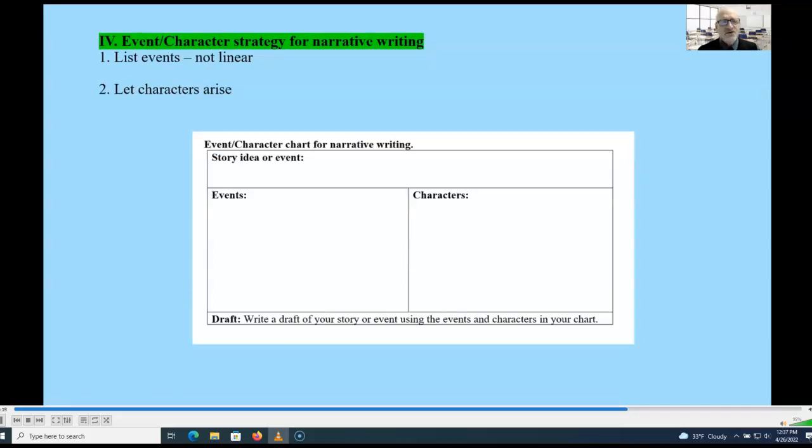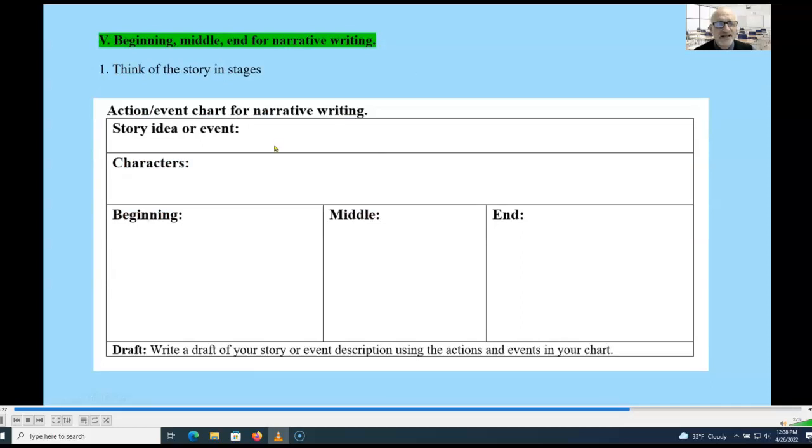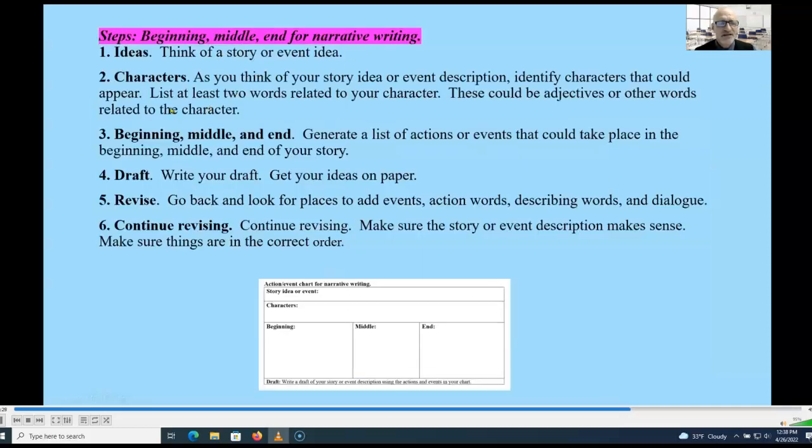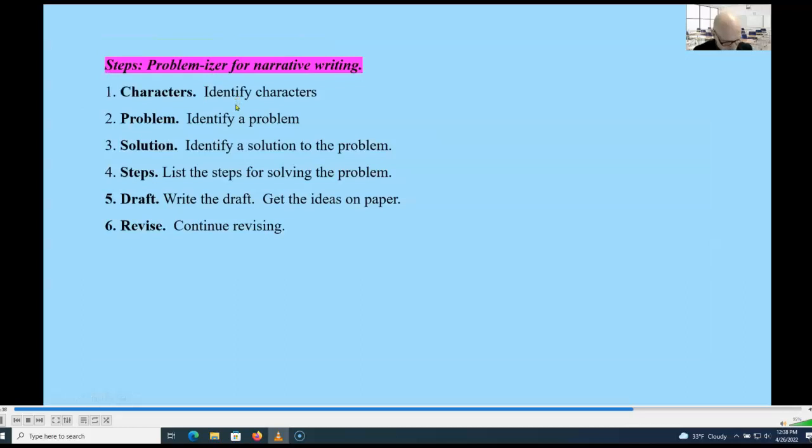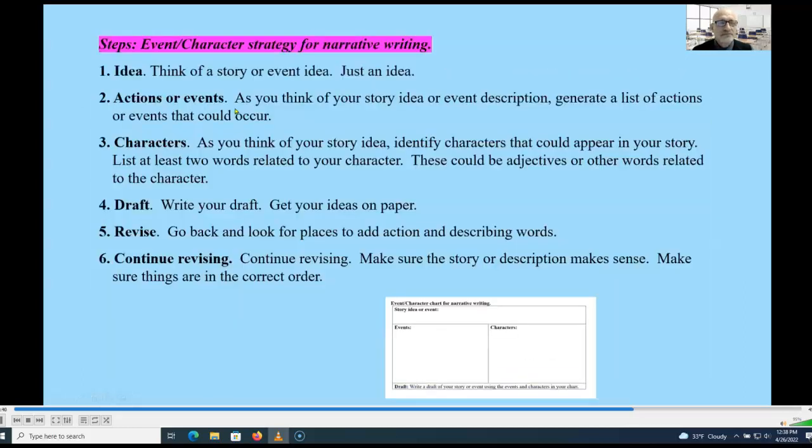Events, character strategy. You list events, but they aren't linear. Characters often arise out of that. So you start with a story idea. As you think of your story, event, description, you have characters that can arise. Sorry, I got a little out of order there.